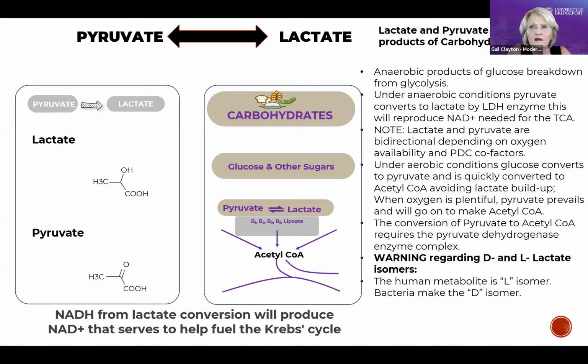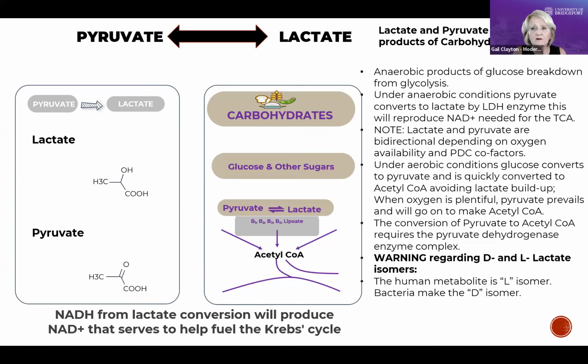Okay. So oxygen is a very important factor on whether pyruvate's going to convert to lactate or not too. So when we have a lot of oxygen, aerobic conditions, the glucose is going to convert to pyruvate. Okay, and then pyruvate will quickly be converted to acetyl-CoA, and it's going to avoid lactate buildup.